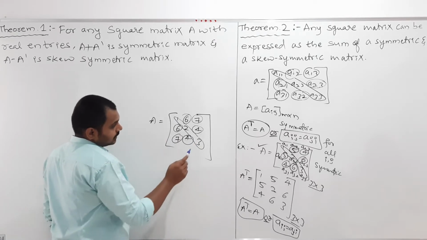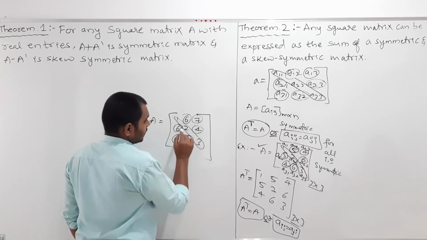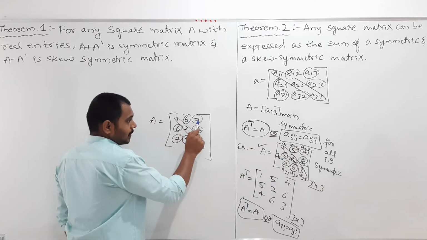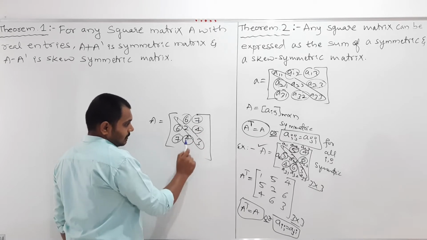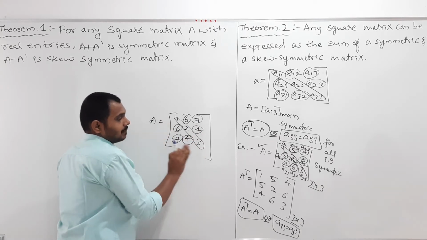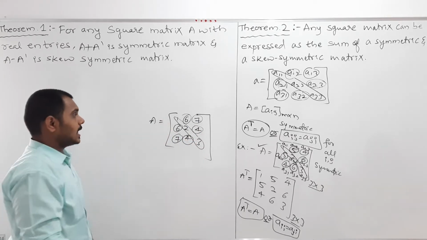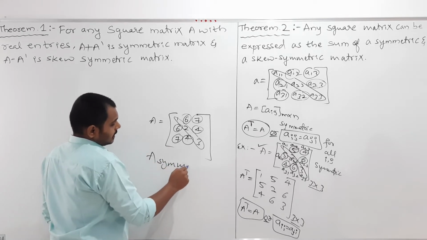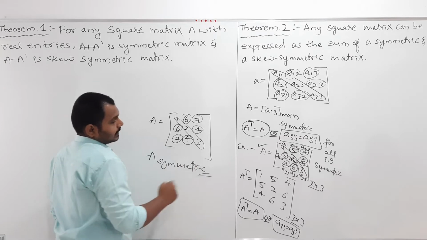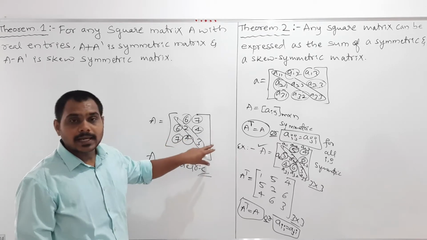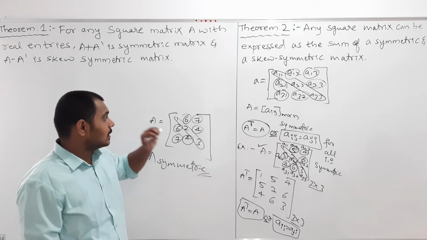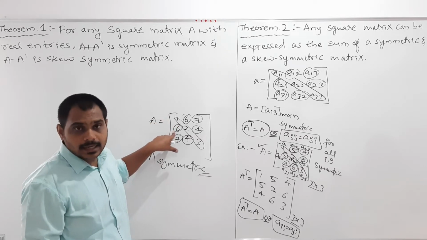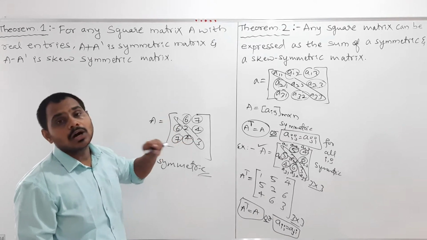Clear? So my dear students, if this condition is satisfying, that is Aij is equal to Aji, this element and this element must be same, this element and this element must be same. If this is happening in any matrix, then obviously that will be symmetric itself. That is, A is a symmetric matrix. This concept I explained to understand by observing the given matrix, we can say whether this is symmetric or not.